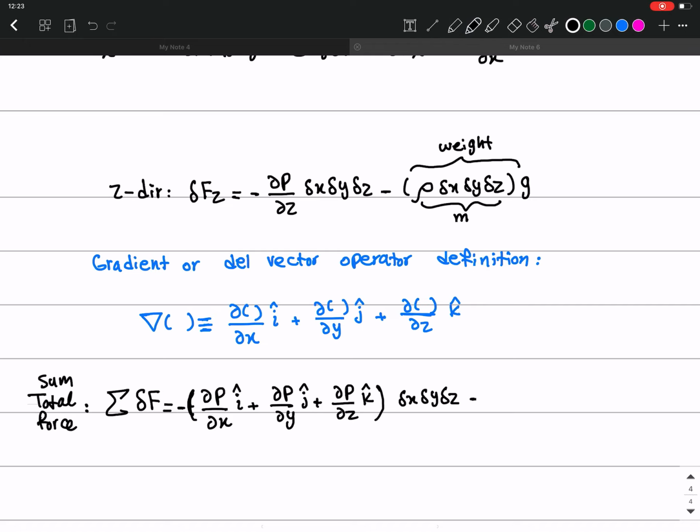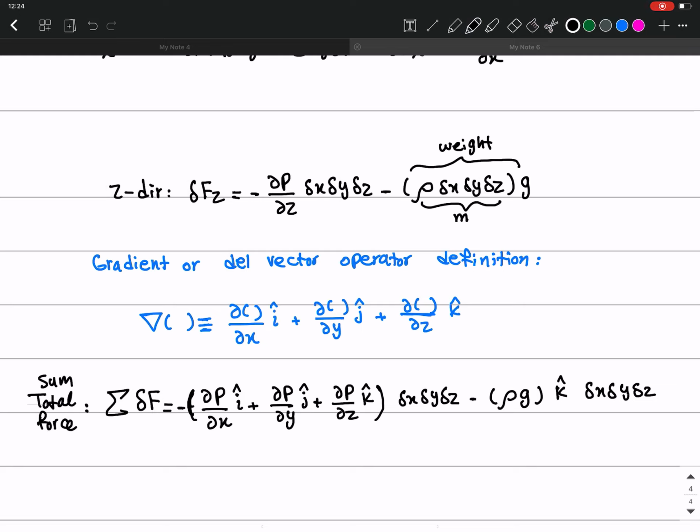And then I also have this term, which is the body force or weight of the fluid. So it's going to be minus rho g in the k direction times delta x, delta y, delta z, which is the weight of the fluid. Okay? So this is going to be the sum of the forces, or the total force, on this fluid element.